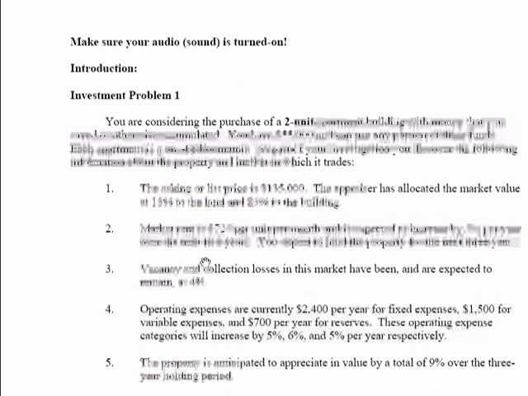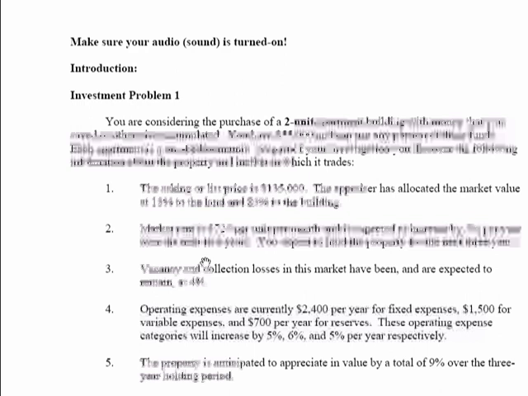Also, I want to emphasize that with this basic model, we're doing a very simple property, a 2-unit apartment building, but this discounted cash flow approach is the same basic model that's used to analyze shopping malls, office buildings, industrial buildings, all types of property. It's the same basic nuts and bolts. It's just that to start out, we're using a pretty simple problem. It can get much more complicated very quickly, and it will.